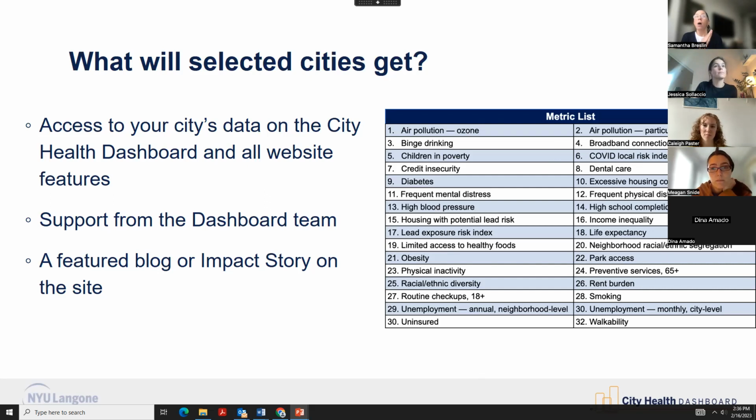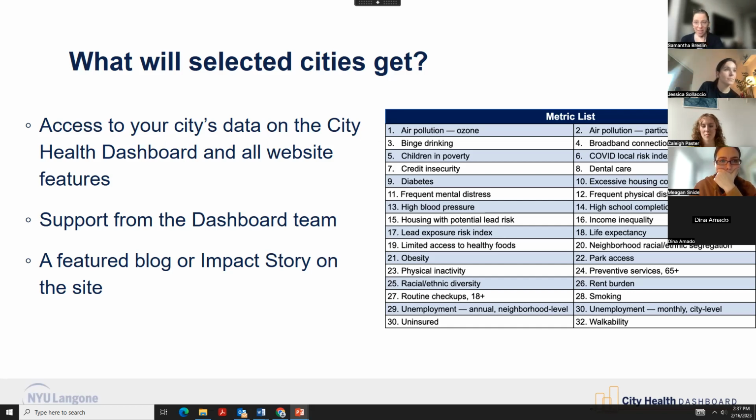Callie mentioned that we have over 40 measures currently on the dashboard. That is true. Those 40 measures are available for the larger places, so any city that is above 50,000. For our smaller places, where we have that data available, we will provide that data to those cities.